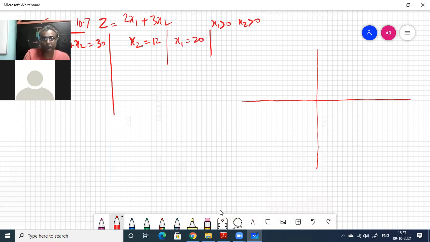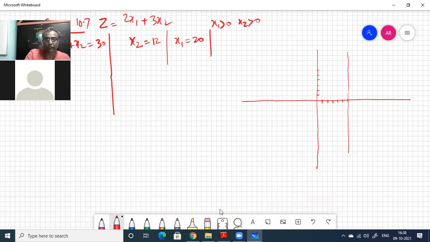Okay, x2 is equal to 12. Let us say 2, 4, 6, 8, 10, 12. Whatever value x1 takes, x2 equal to 12, so it is a line that is parallel to the x-axis.